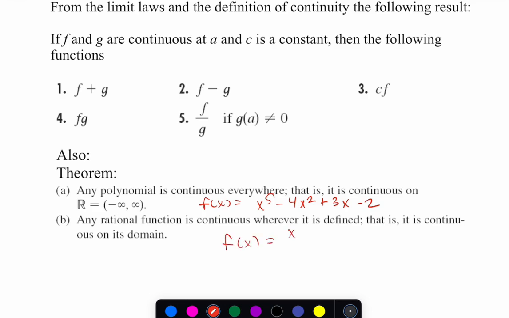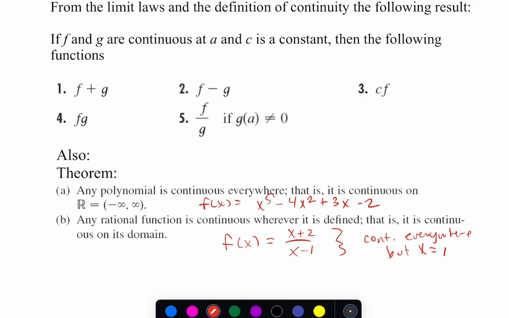So if you have something like x plus 2 over x minus 1, what's the only value that it is not defined? Where the denominator equals 0. And what value is that for this particular function? 1. So it is continuous everywhere but 1. 1 is the only number not in its domain.